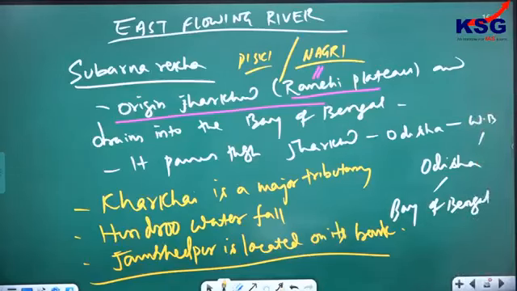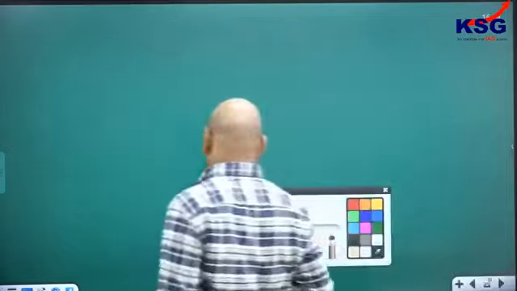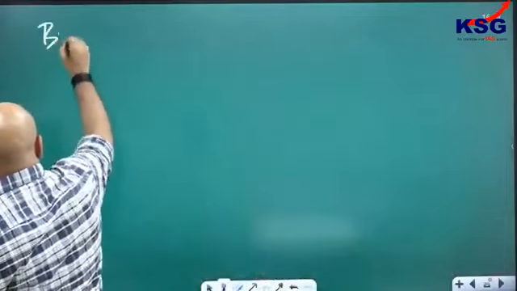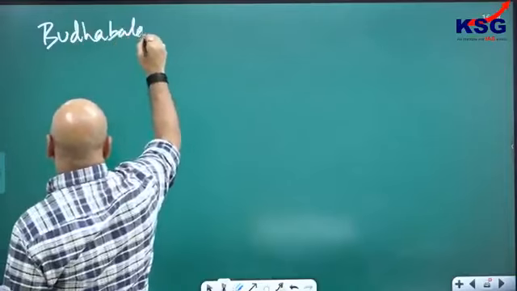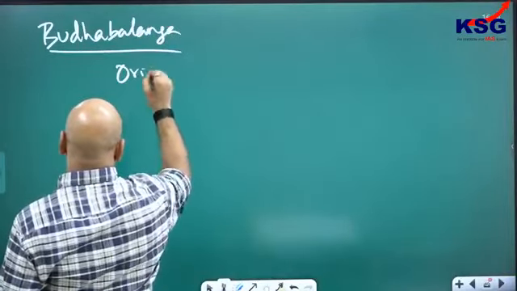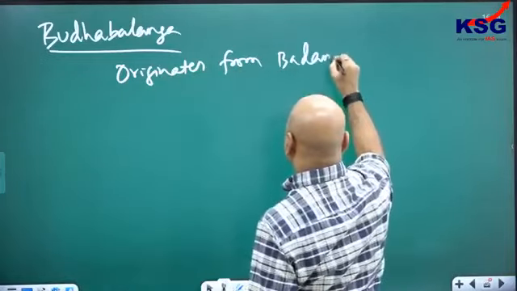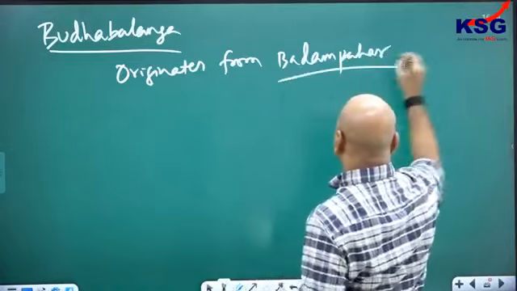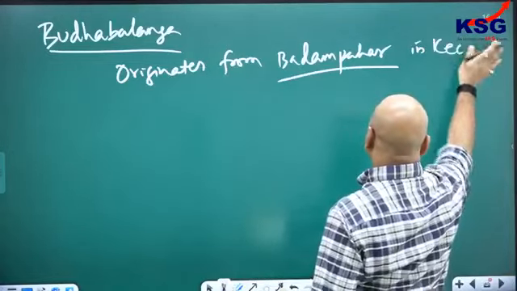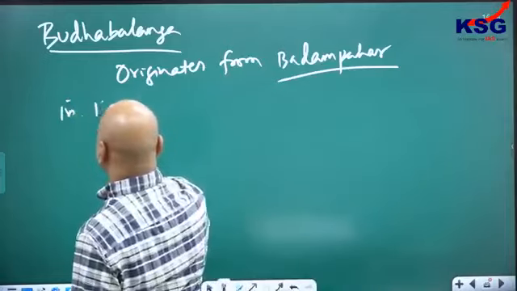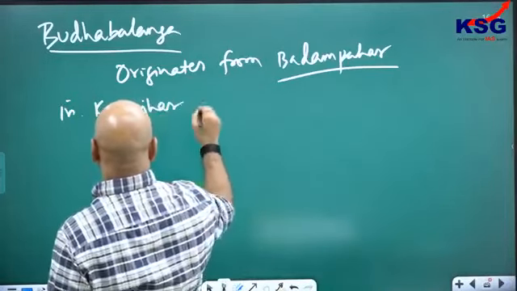It originated from Badam Pahad Hill, Similipal National Park, and it drains into... Budabalanga, the second river is Budabalanga. Badam Pahad in Keonjhar of Odisha.